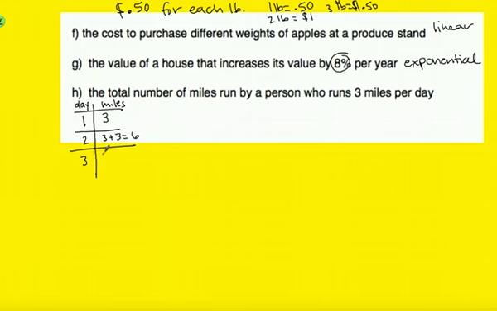The third day, you would run 3 more than the last day. The fourth, you would run 3 more than the last day. So each day, you were adding 3, which is going to make that a linear function. For the same reason, the F was a linear function, because you were adding or subtracting the same amount each day.